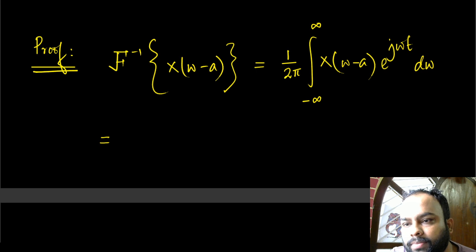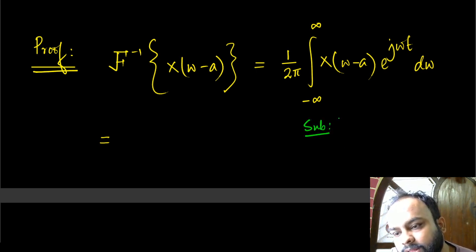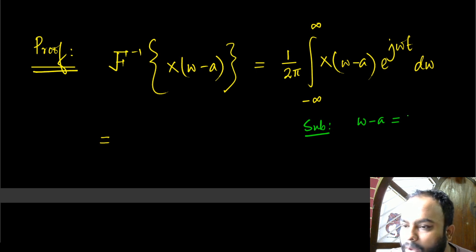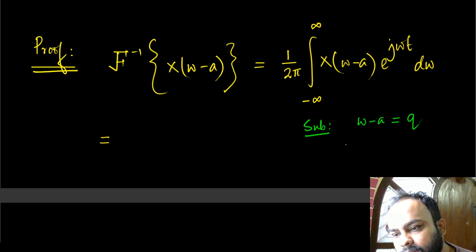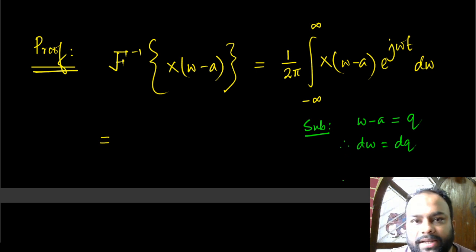We write omega minus a equal to, say, q. Of course d omega is equal to dq.